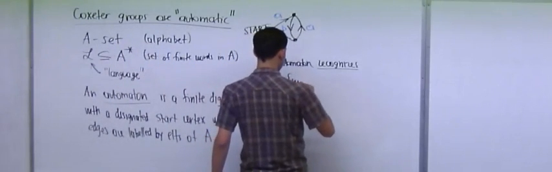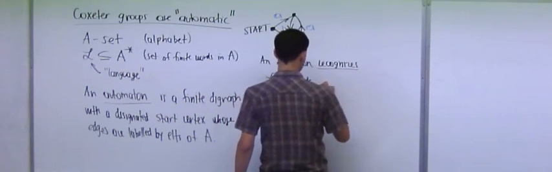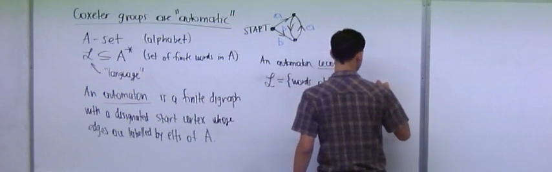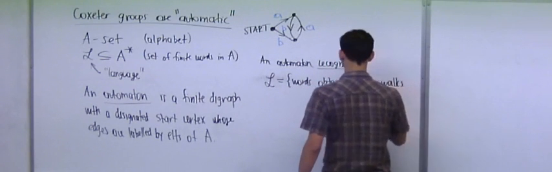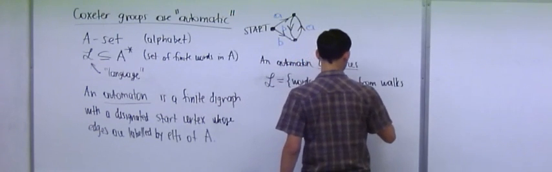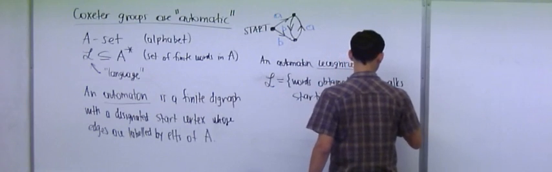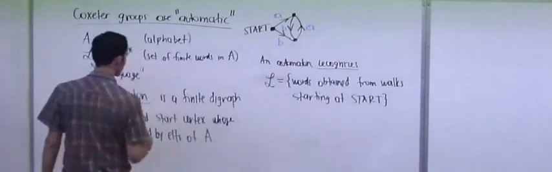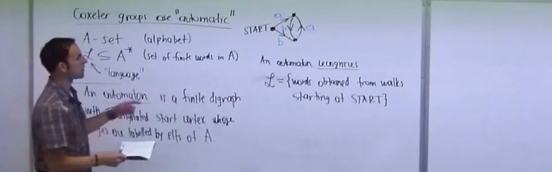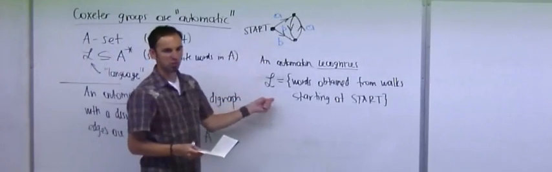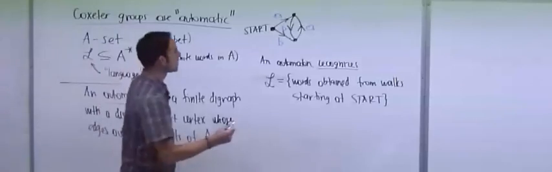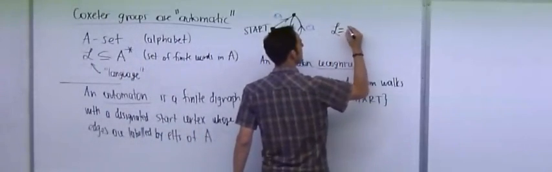So words obtained from walks starting at the start vertex. Okay. In other words, for each automaton, there is a language that corresponds to it, and we say that that's the language recognized by the automaton. Okay? So in this case, we did this already.